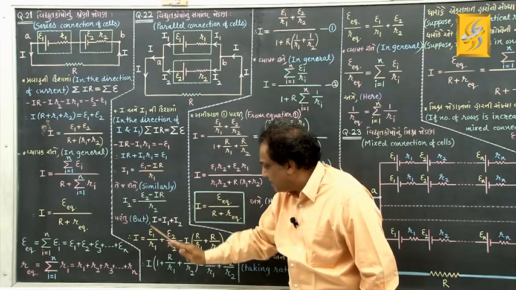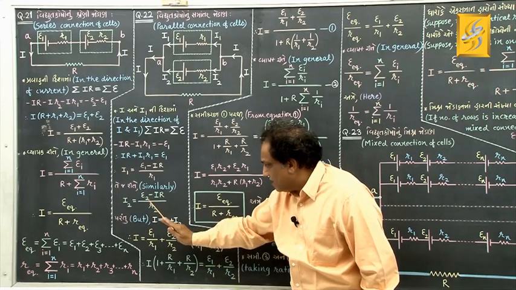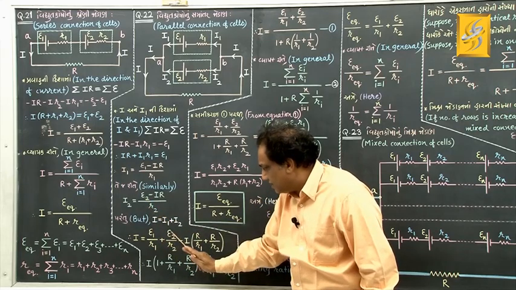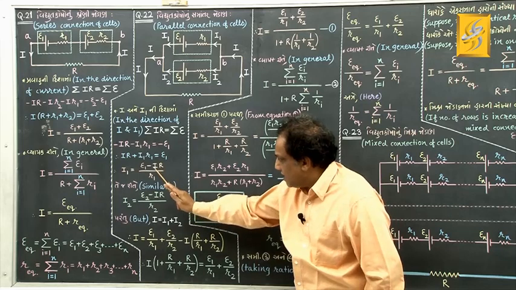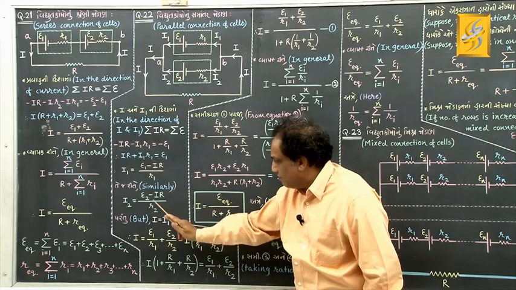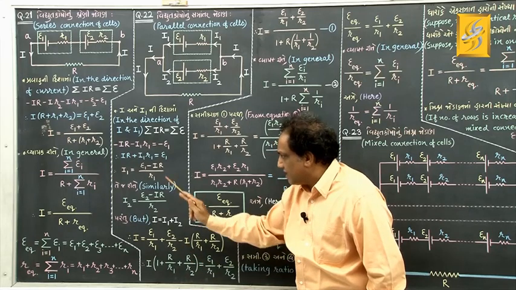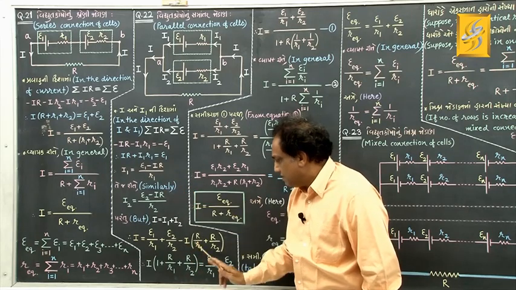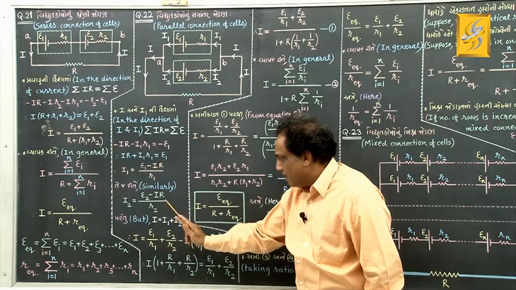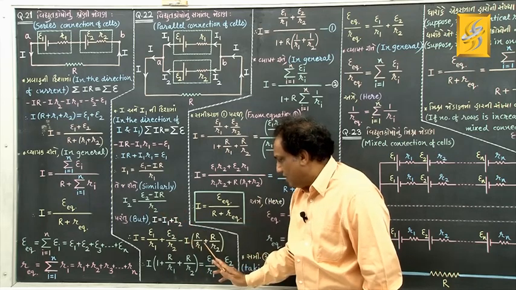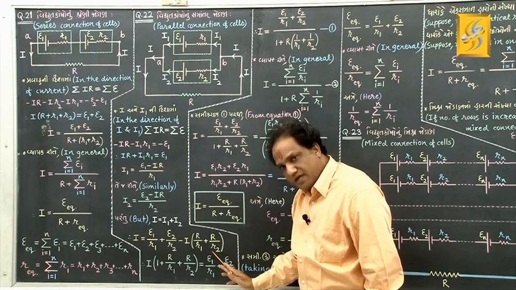E1 upon r1 plus E2 upon r2, and now minus IR upon r1, minus IR upon r2. Take minus I common, inside the bracket capital R upon small r1 plus capital R upon small r2, correct?